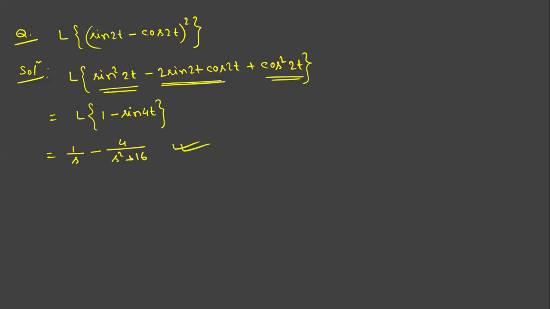Very simple. Okay, let's try another problem. Next question. Find Laplace of sin t cos 2t. Solution. If I multiply by half, that will be half into Laplace of 2 sin t cos 2t.